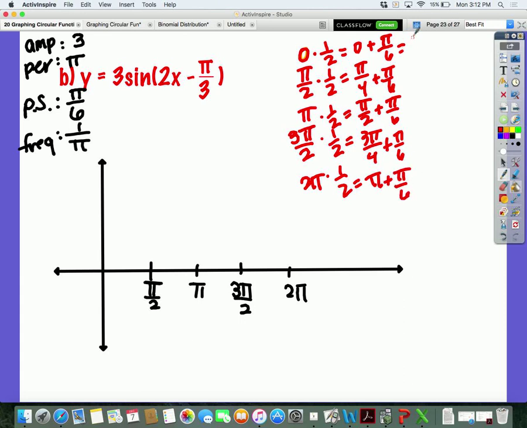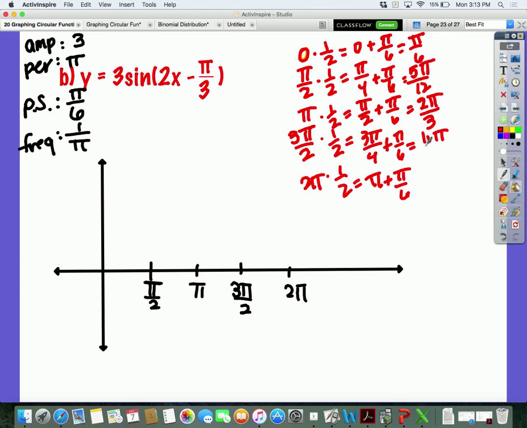So 0 plus pi over 6 is pi over 6. Pi over 4 plus pi over 6 is 5 pi over 12. Pi over 2 plus pi over 6 is 2 pi over 3. 3 pi over 4 plus pi over 6 is 11 pi over 12.